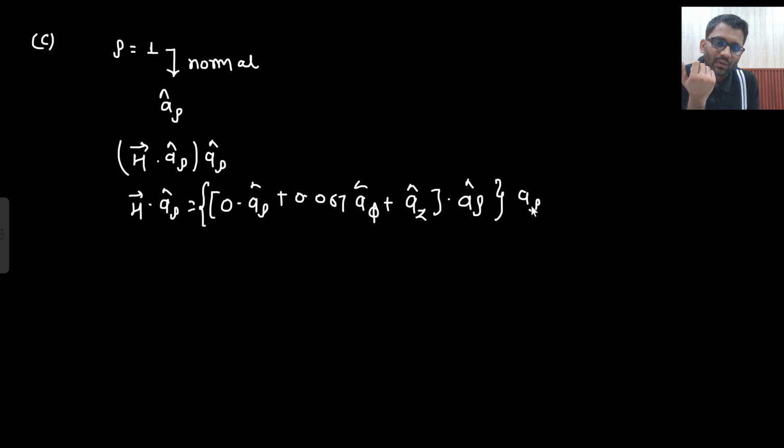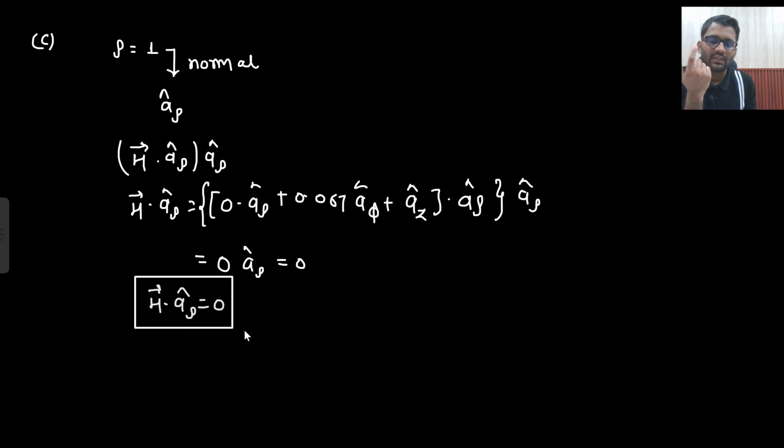Basically it is 0 into a rho cap plus 0.067 into a phi cap plus az cap, dot a rho cap, and then all will have the direction a rho cap. But what did you get to know here? A rho into a rho, it would be 0 only. A rho into a phi, 0. Az into a rho, 0. So always it is 0. So 0 into a rho cap, or you can directly write 0. So h into a rho cap is coming out to be 0. So answer is 0.